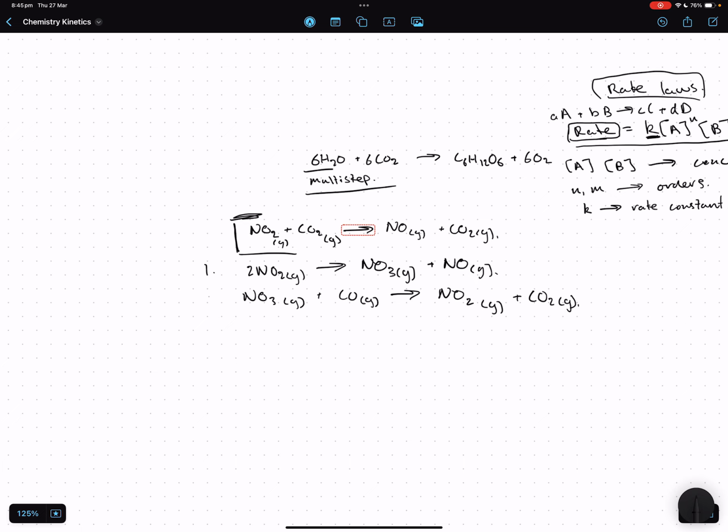These steps are what are called elementary steps. They're steps that happen because the collisions can occur, and they're called elementary because they're very simple.